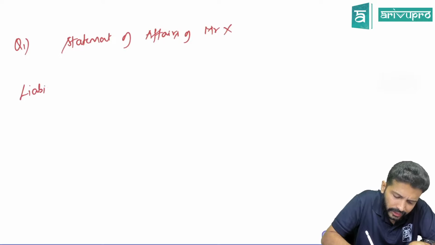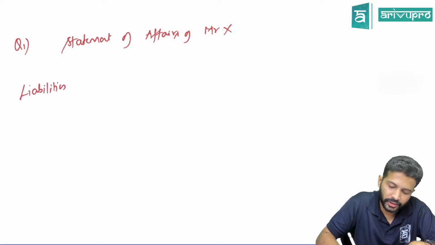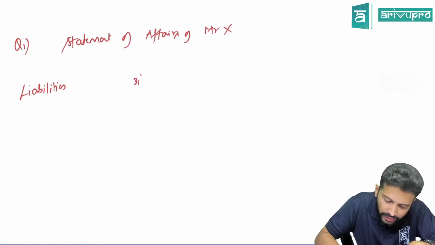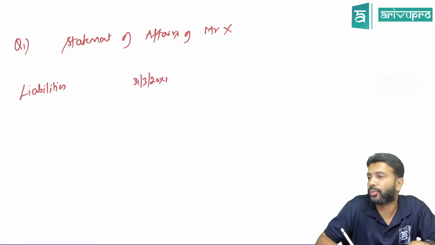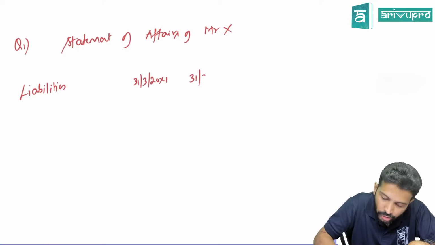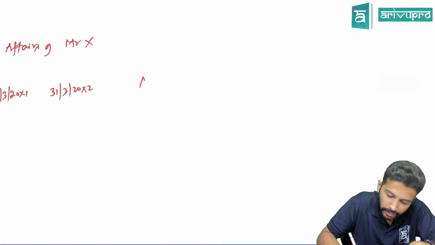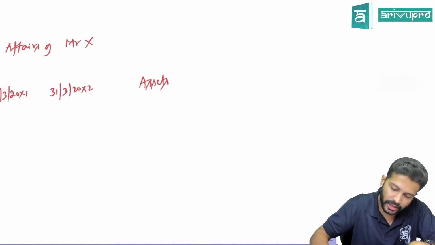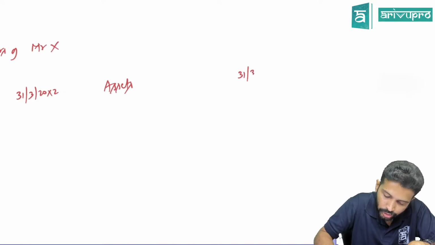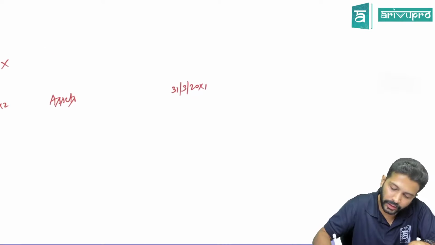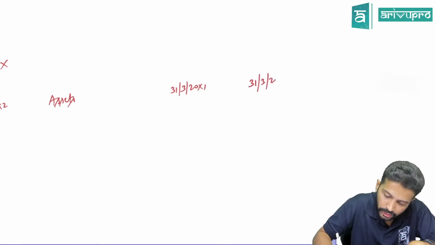I'll do the format like this: liabilities, and instead of writing the amount, I will write 31st March 20x1, and then also 31st March 20x2. Parallelly, I'll prepare. Similarly, on the other side, it will be assets, and then you write 31st March 20x1 and 31st March 20x2.